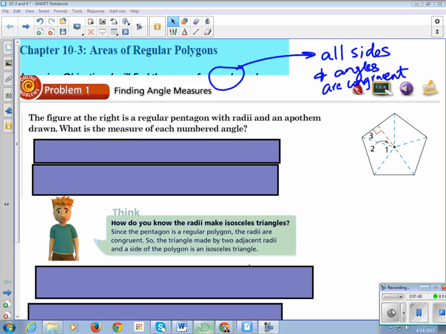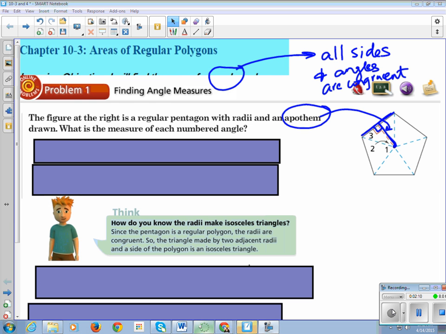The apothem is the distance from the center of your polygon that bisects the side at a perpendicular bisector. So that's an apothem. We're going to use that later to find the area. The item in question here is we're just finding angle measure.